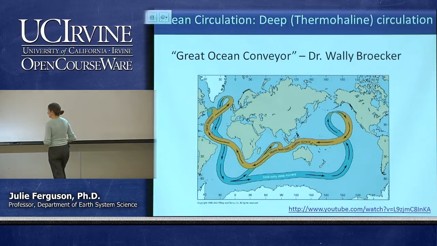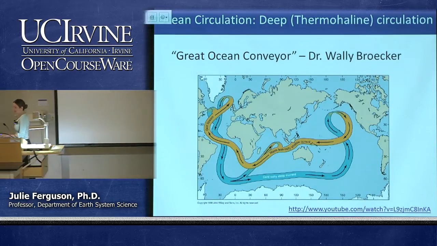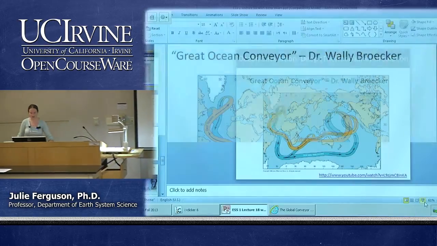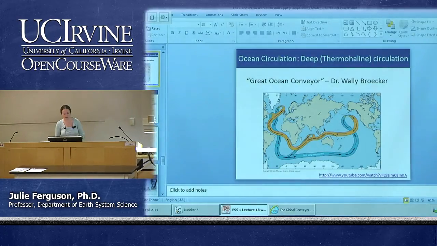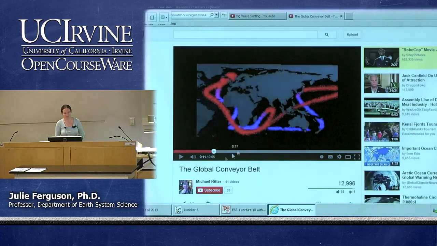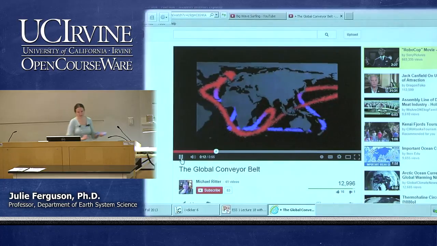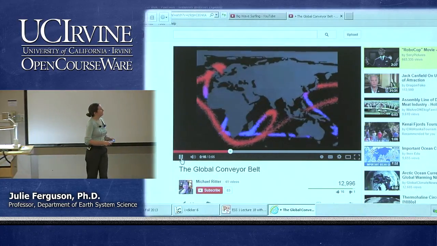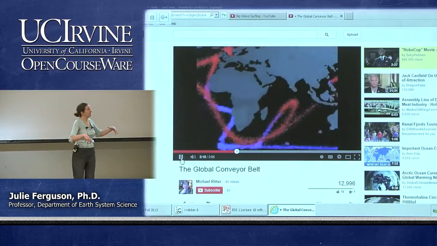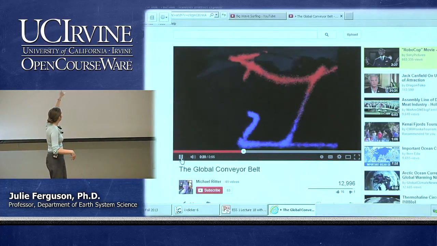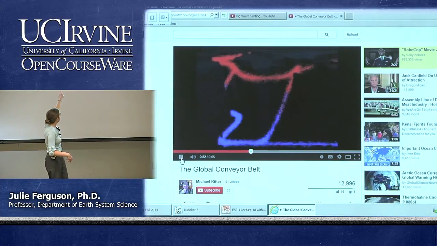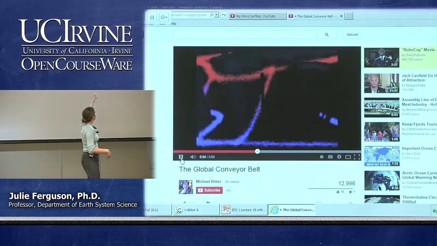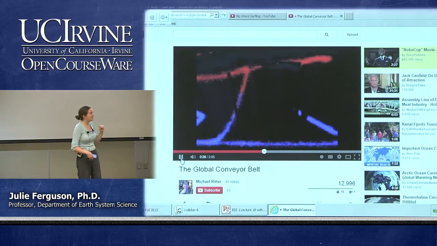Okay? It's difficult to imagine in 2D, but those yellow colors there represent surface currents, and those blue colors represent deep currents. This is more of a 3D view, and it shows how this really deep ocean water is being formed in the North Atlantic, and then it flows all the way down the Atlantic, around the Southern Ocean. Some of it comes back up to the surface in the Indian Ocean.